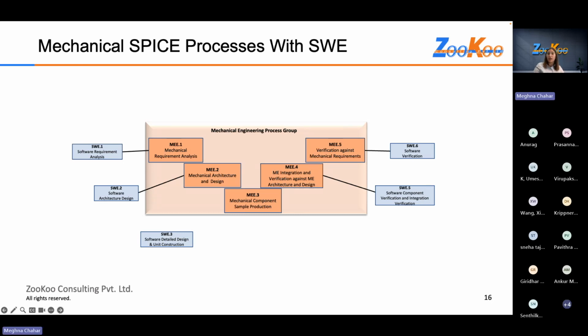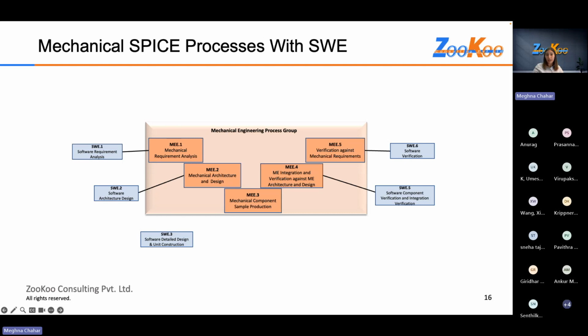The unit construction part is your actual implementation according to the design which we have recently created. That was there in our SWE3. So we have both the logical development activities of the design and also, let's say, the code as our physical result. Both of them work together.